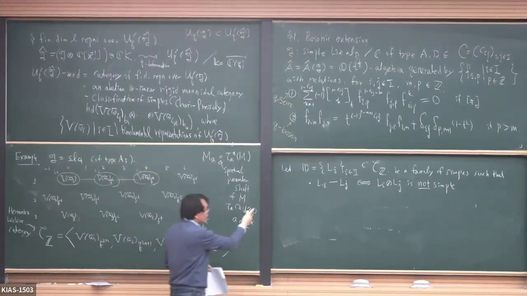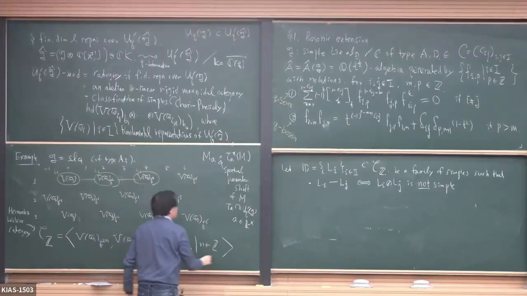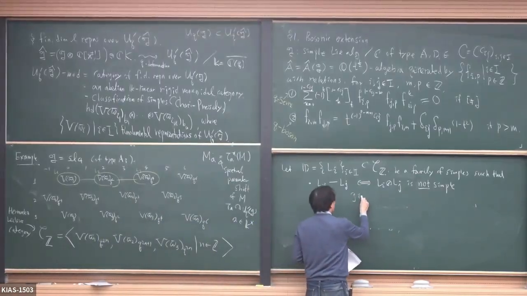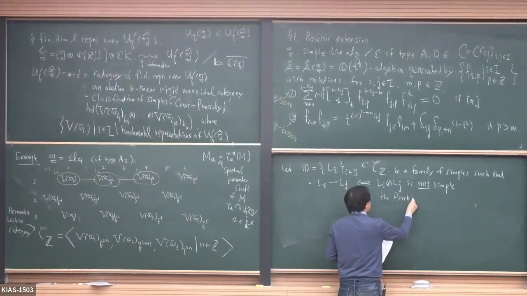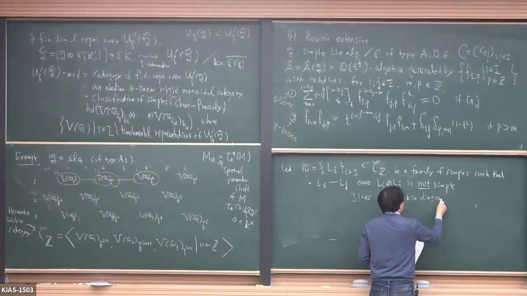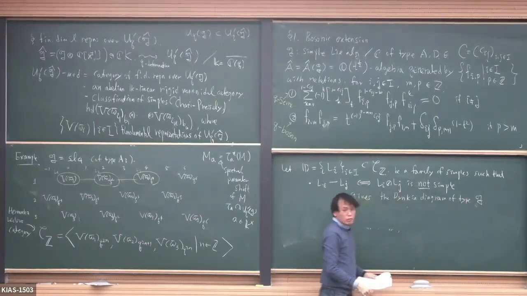So in this way, we obtain the Dynkin diagram of A3, or the Dynkin diagram of type affine algebra G.